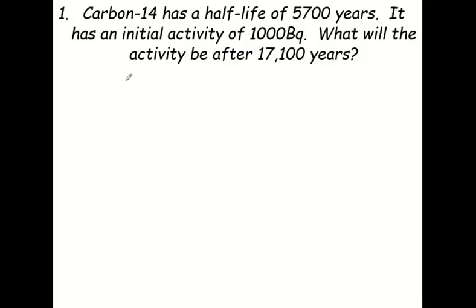Okay, let's check these answers then. So carbon-14 has a half-life of 5,700 years, so that's an important point for us. It will have initial activity of 1,000 becquerels, and what will the activity be after 17,100 years? So first thing to do is work out the number of half-lives, so that's 17,100 divided by 5,700, and that will give us 3.